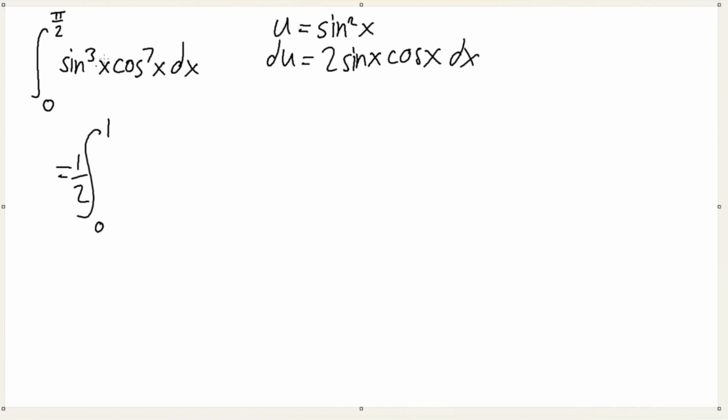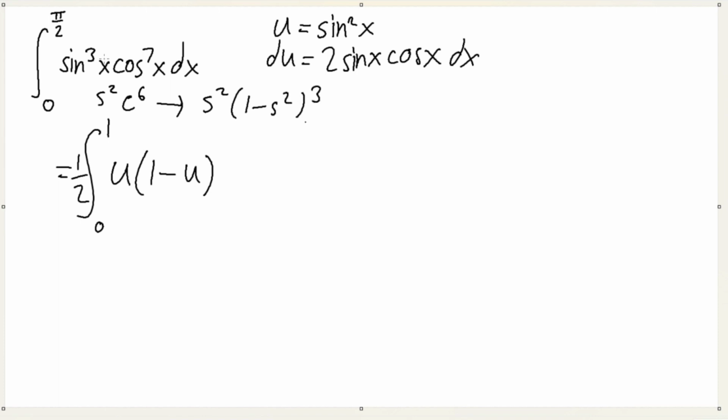So this would give us u, and then 1 minus u, which is cosine squared. I'll slow down. Taking away 2 sine x cosine x, we're left with this, and this becomes sine squared times 1 minus sine squared, cubed. And so that's how I got to this integral.